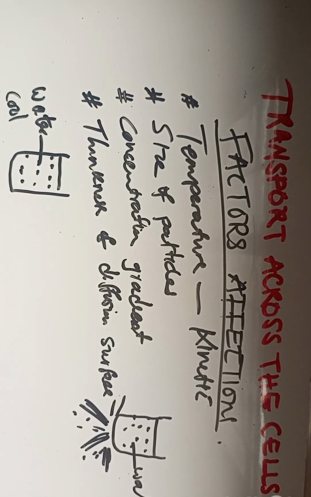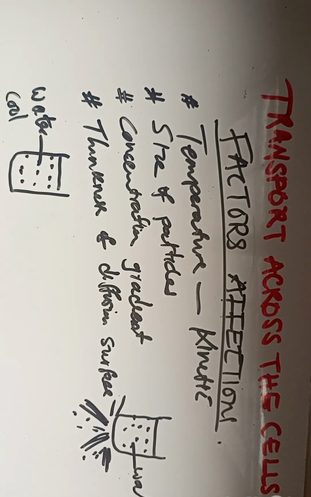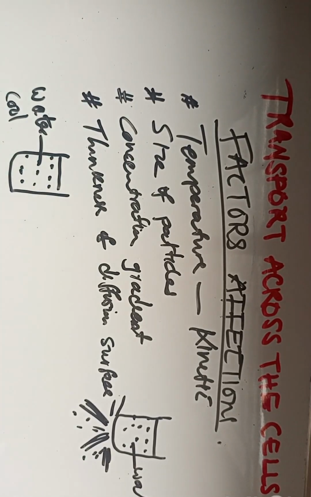So here we find that on this one, because the temperature is not changing, it is constant, the diffusion rate is low. If you leave the pot, probably tomorrow you will find that the water is in the same position where you left it yesterday.